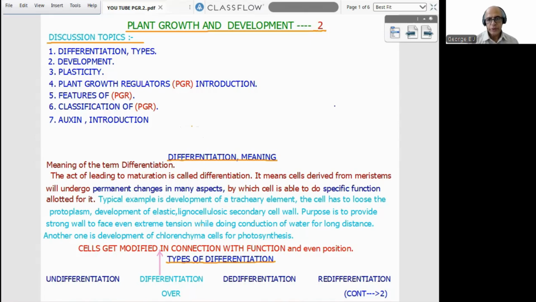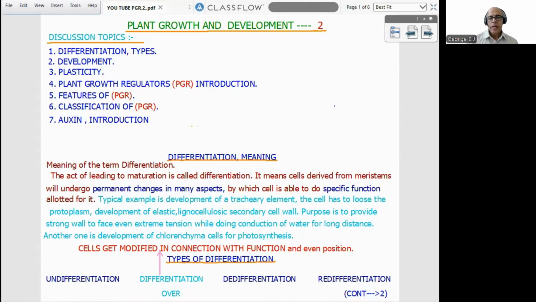Purpose is to provide a strong wall to face even extreme tension while doing conduction of water for long distance. Another example is development of parenchyma with the chloroplast, parenchyma cells for photosynthesis. So I think differentiation, meaning, purpose, all are clear to you.